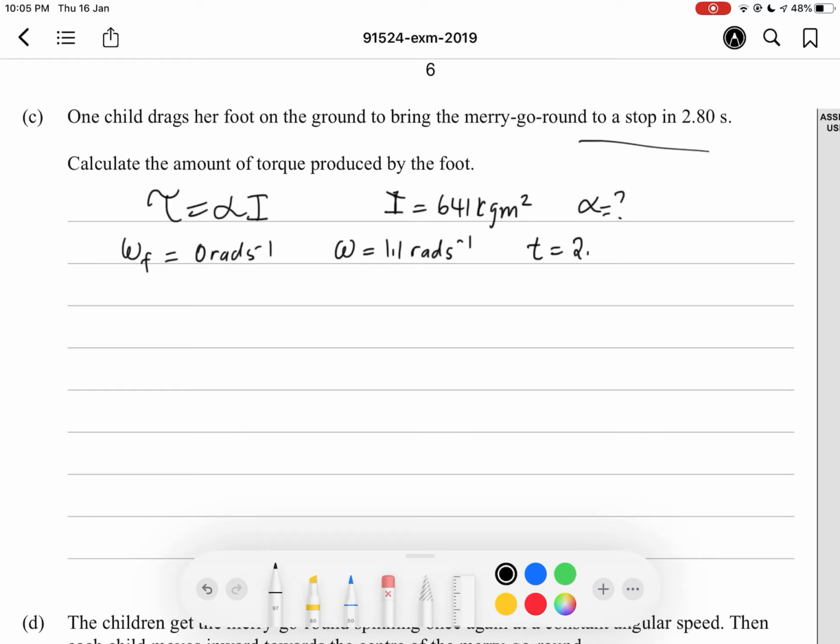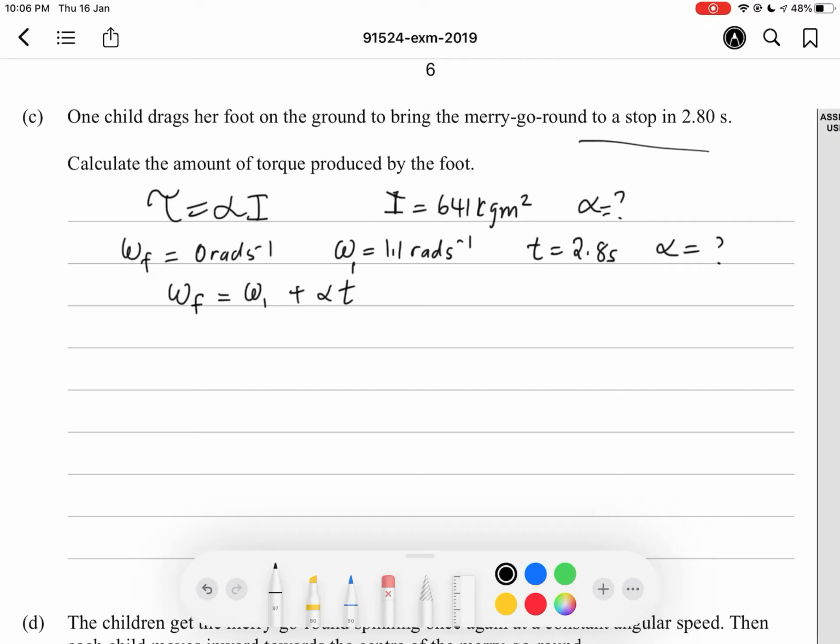So the time taken for this change was 2.8 seconds, and we're trying to find our angular acceleration. We go to the formula sheet and find an equation that has all four of these variables. The equation that satisfies this case is that the final rotational velocity is equal to the initial rotational velocity plus the angular acceleration multiplied by the time.